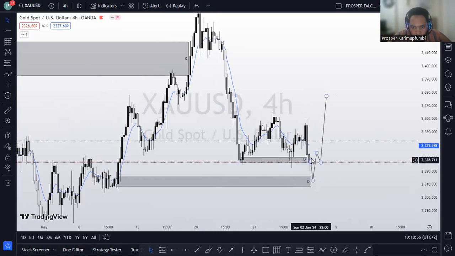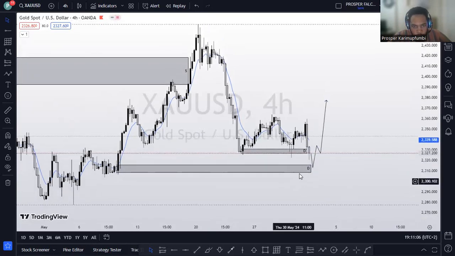Before we push to the upside, we have to trap buyers. Sellers are going to be holding their sales to the downside, expecting gold to push furthest to the downside, and then they are also going to be trapped around this demand, structures are going to shift, and we are going to see more of a bullish structure going to the upside.